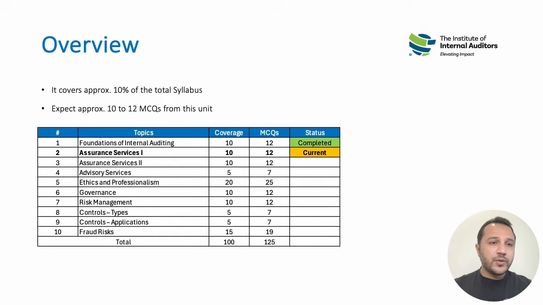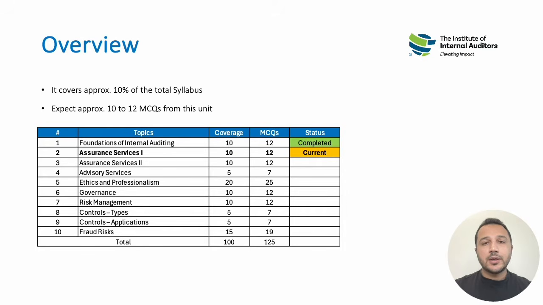Here is a brief overview of the entire CIA Part 1 syllabus and where we are standing at the moment. We have already covered CIA Part 1 Unit 1, Foundation of Internal Audit, in our previous video. And today we will be going through Unit 2, which is Assurance Services Part 1.